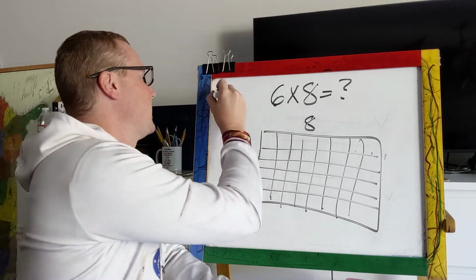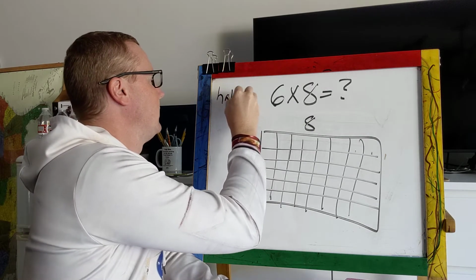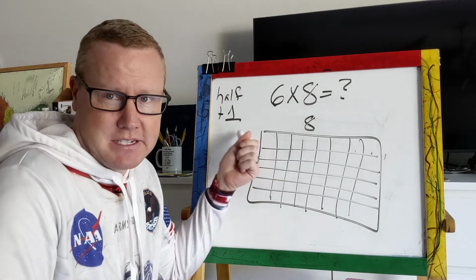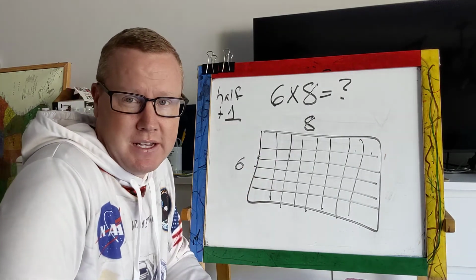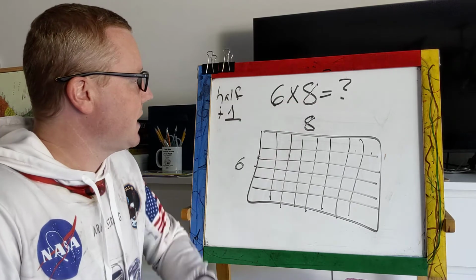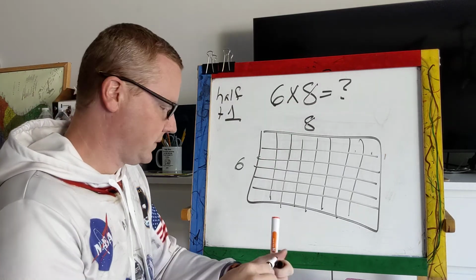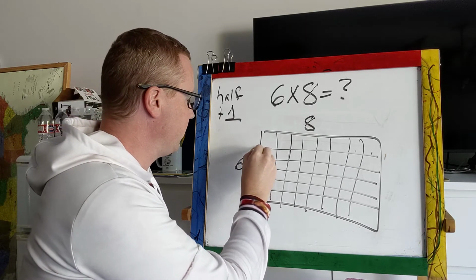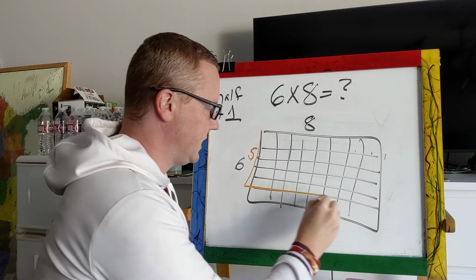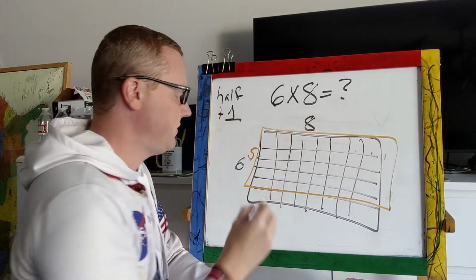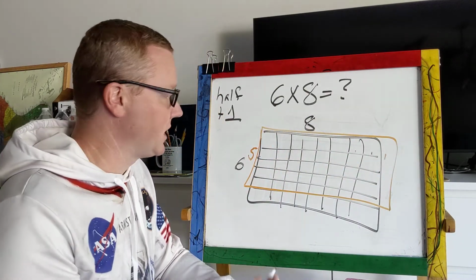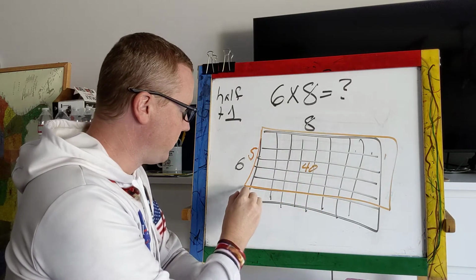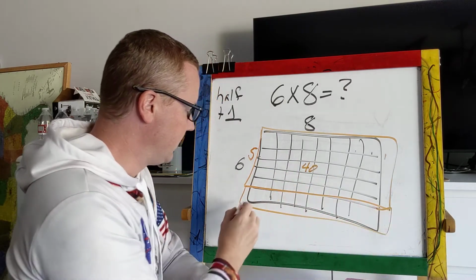I'll write that up here. Half plus 1. It's a really weird fancy term, and it just means instead of doing 6 times 8, why don't you do, and I'm going to draw it out here, 5 times 8, which you are all really good at with your 5s, you know that is a 40, and then add one more group of 8.